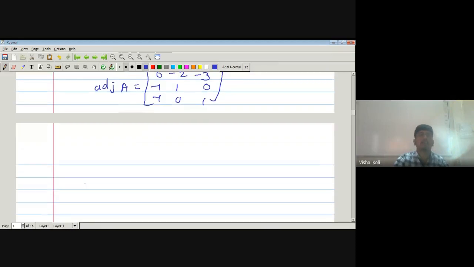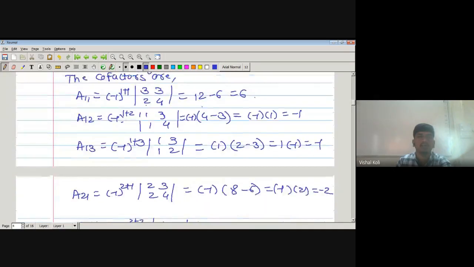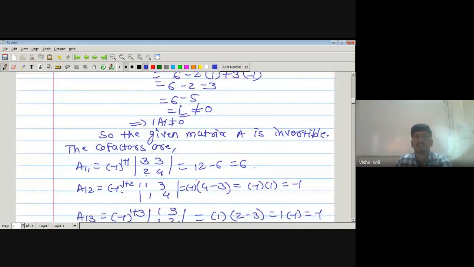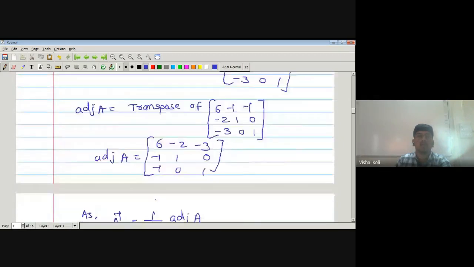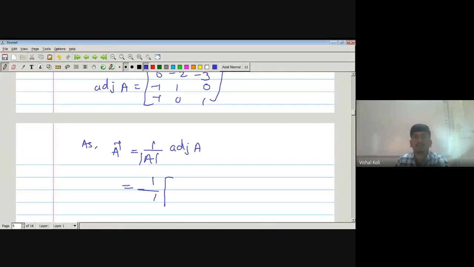Now we have to find its inverse, and A inverse is nothing but 1 upon the determinant of A into the adjoint of A. We have found the determinant of the given matrix, which I think is 1. So A inverse is 1 into the adjoint matrix, 6, minus 2, minus 3; minus 1, 1, 0; minus 1, 0, 1.